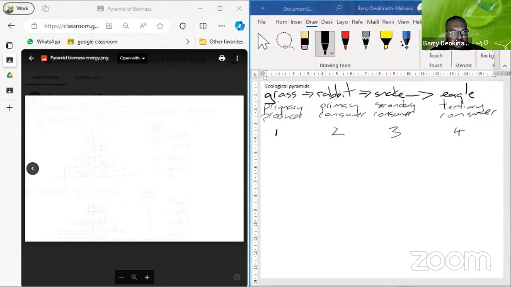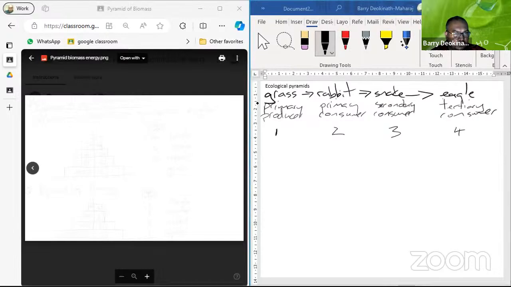Right. So we have the grass, which is consumed or eaten by the rabbit, which is consumed or eaten by the snake, which is consumed or eaten by the eagle. So the categories would be: the grass is the primary producer, the rabbit the primary consumer, the snake the secondary consumer, and the eagle the tertiary consumer.